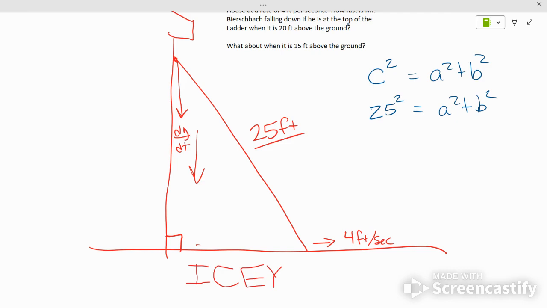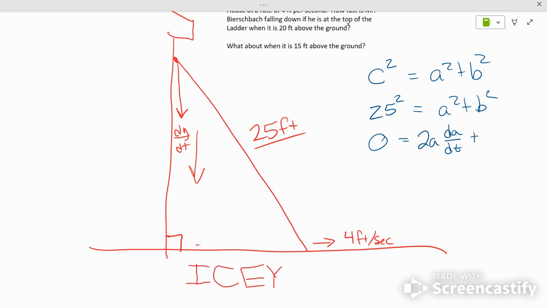So, what's the first derivative of 25 squared? 0. So this is just 0 equals, what's the first derivative of a squared with respect to time? It is 2a dA/dt.